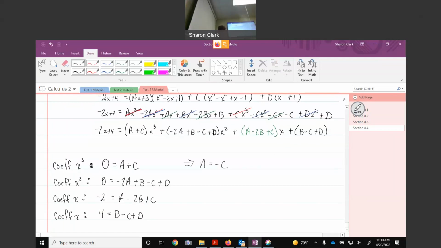Looking at that, I'm going to label these equations 1, 2, 3, 4.